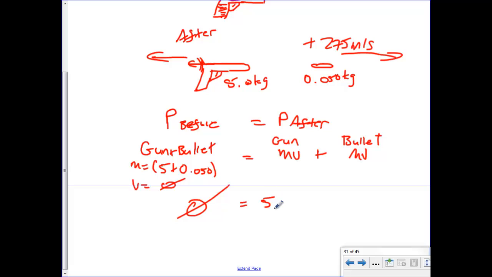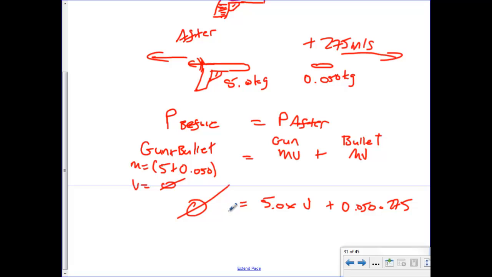Okay, so mass of gun, 5 kilograms. Velocity of gun, unknown. Mass of bullet, 0.050 kilograms. Velocity of bullet, positive 275. To solve, throw that guy to the other side, divide by 5.